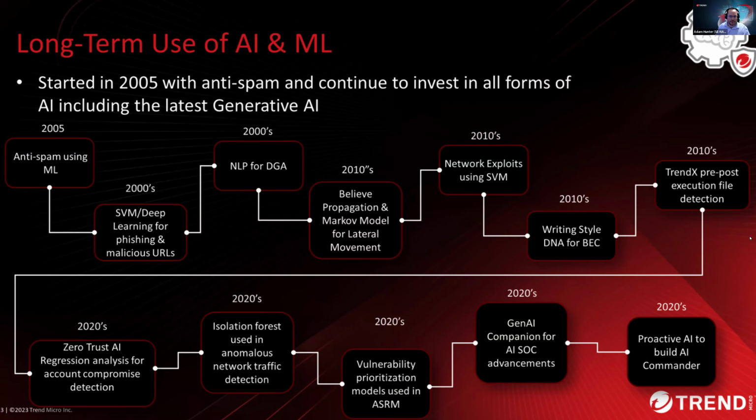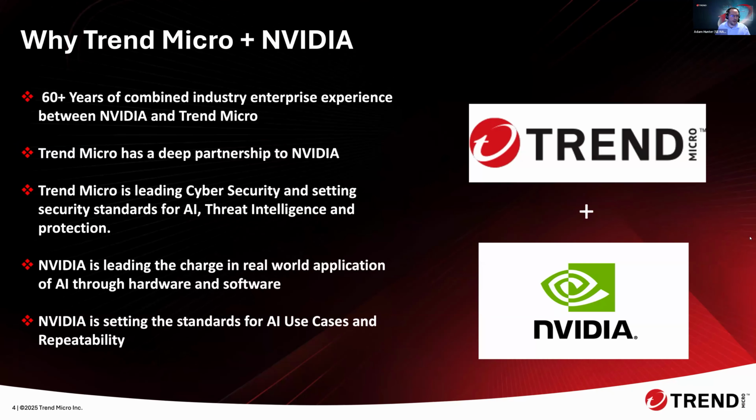And now today in the 2020s, much of the focus is around generative AI and then even going forward to agentic AI. So it's helpful to add that context here and let people know that AI is not new to Trend. So rest assured that you're with a very experienced organization around AI.